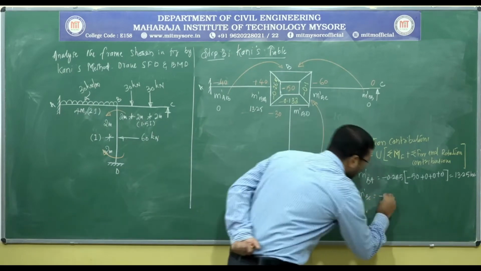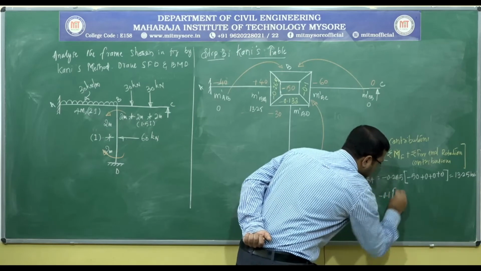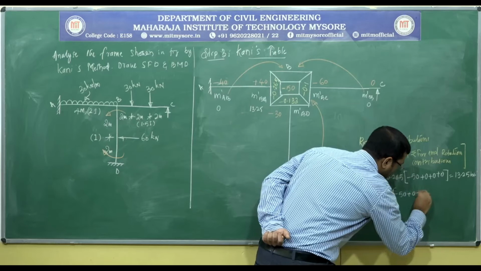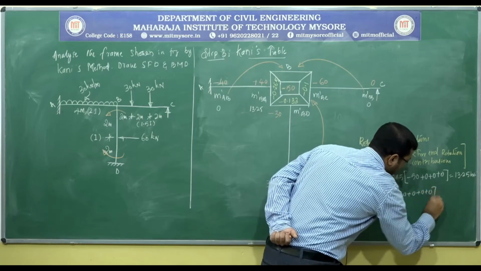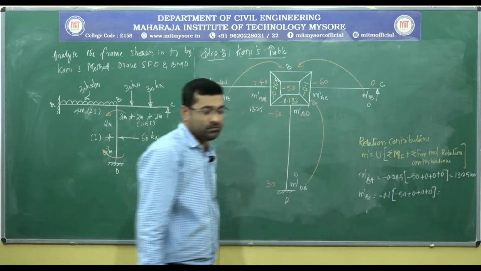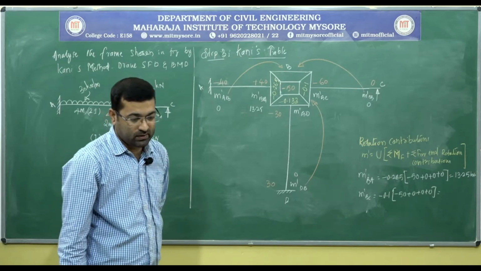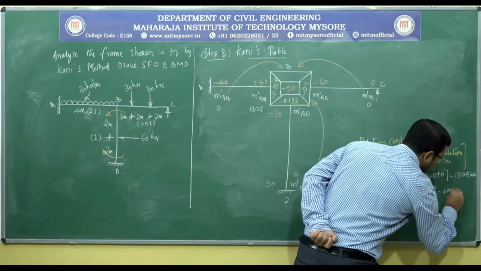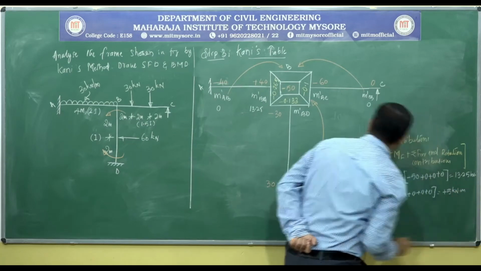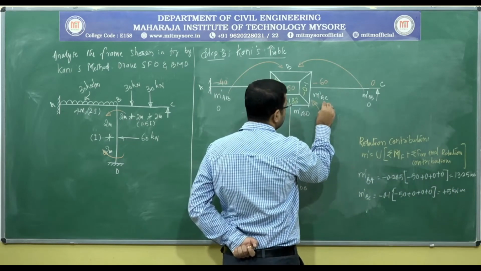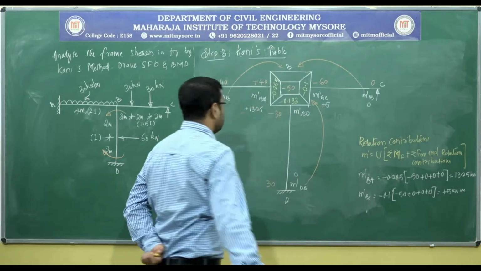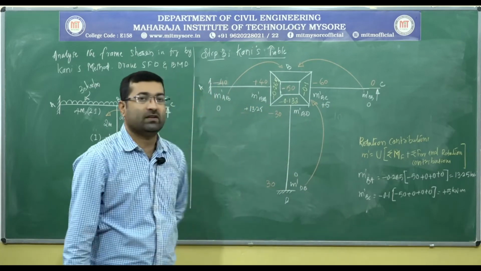Okay. The second, M dash BC, is minus 0.1 as the rotation factor into minus 50 plus 0 plus 0 plus 0, as the far end rotation contributions are 0, 0, 0. That gives you a value of plus 5 kilonewton meter. So this value is plus 5.